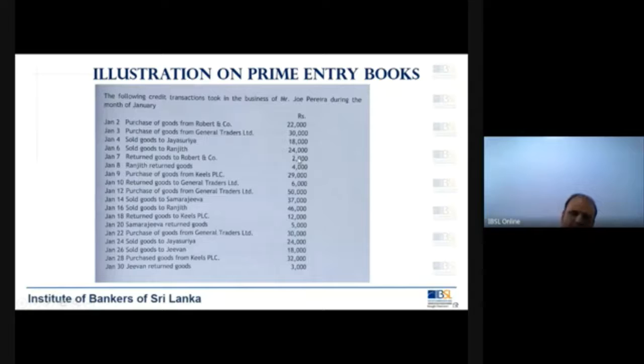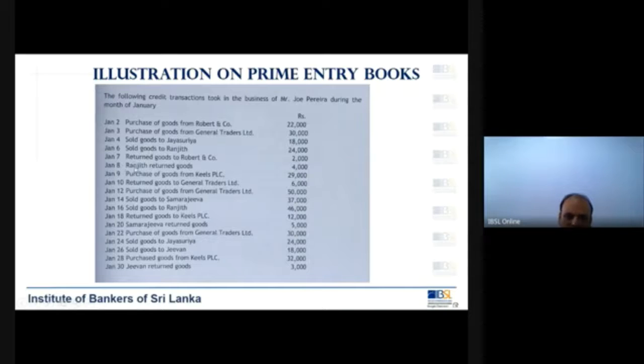It could have been due to damage or whatever that you are going to return. So now this return is not going to the purchases day book. It goes to the purchases return or return outwards. Return outwards. It goes into that particular book.